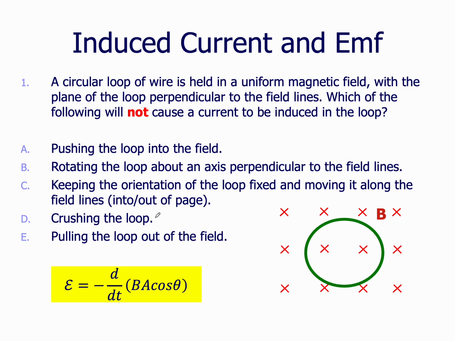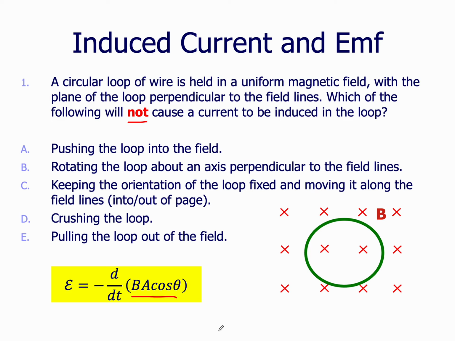Here's a quick thought check problem. Which of the following will not cause a current to be induced in this green loop of wire? The magnetic field is uniform into the page, but only in the region I have shown. So here it is, pushing the loop out of the field. Here's pushing the loop into the field. That's E. Which one of these will not produce a change in magnetic flux?